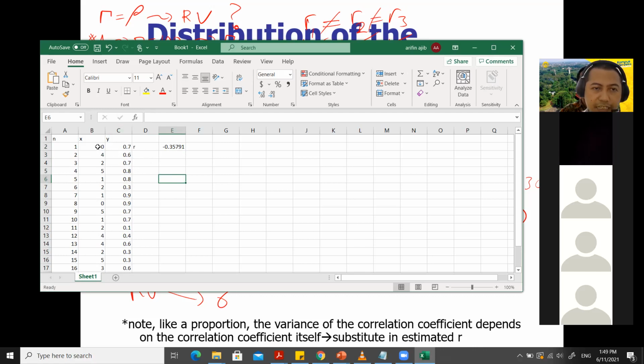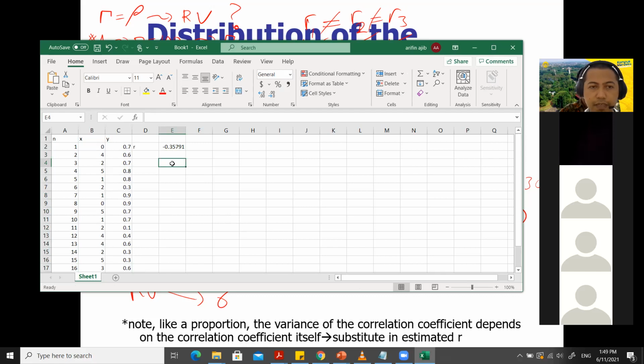For example, this data is taken from the first observation, and then we got the correlation coefficient being minus 0.35. Then we want to make another observation.